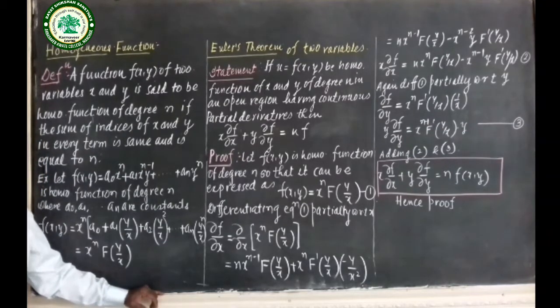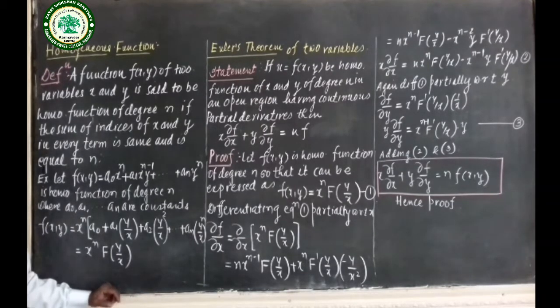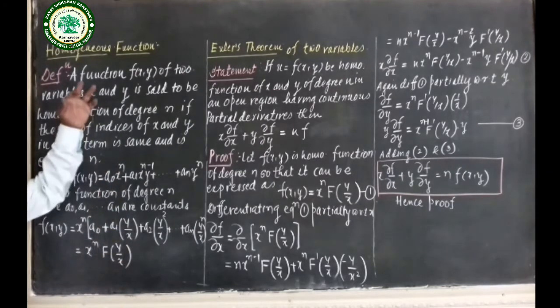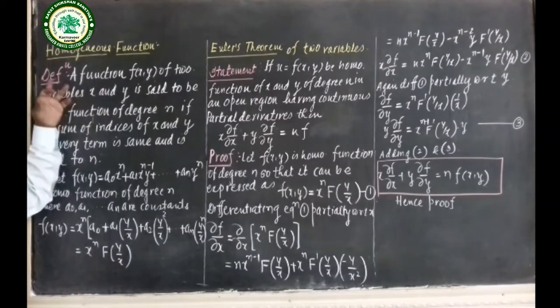That means each term has degree n, or if two variables are there in one term, the sum of indices of those two variables should be equal to n. Okay, that is a homogeneous function. We are defining it.